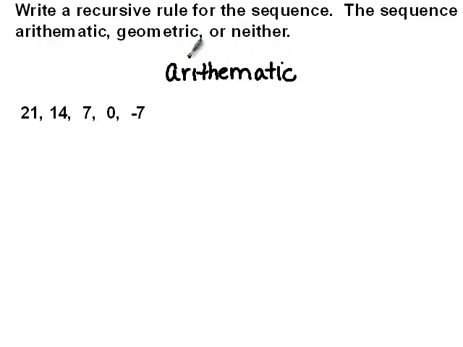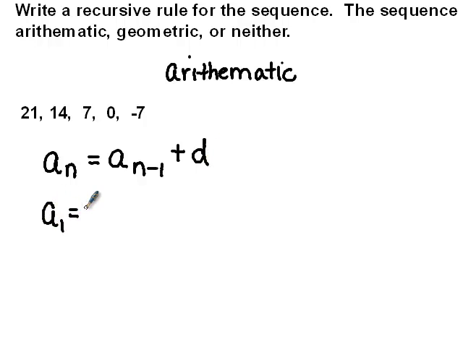Okay, so the rule looks like this, again, just so you know. And pretty much we have our first term. And we know what our D is because we figured it out. It is decreasing by 7.